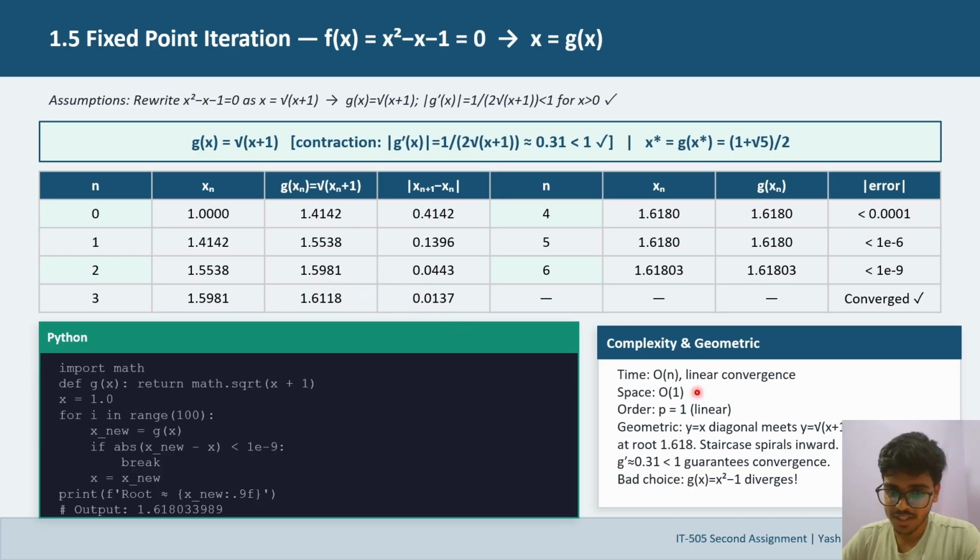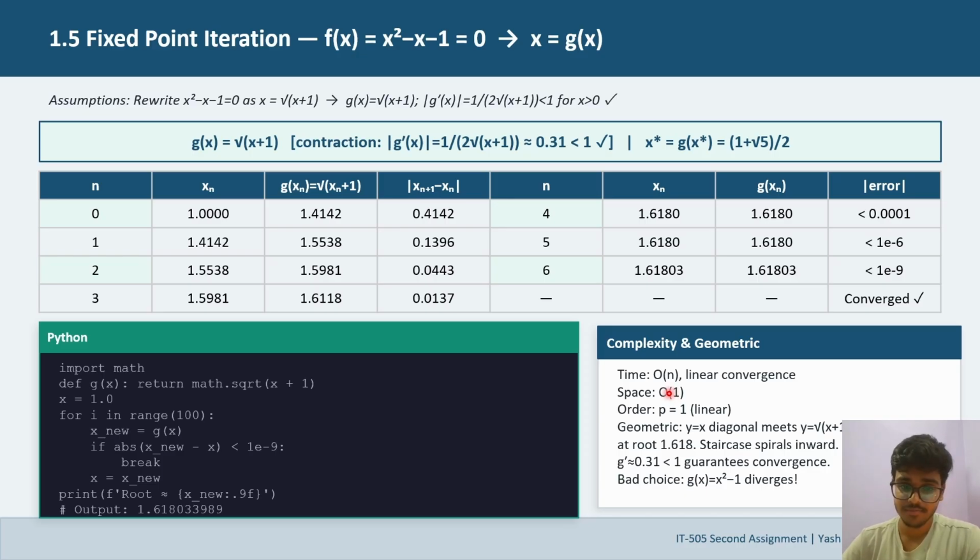The geometric picture: here we plot the diagonal y equals x and the curve y equals square root of x plus 1. Their intersection is the fixed point 1.618. Starting at 1 on the x-axis, we go up to the curve, then horizontally to the diagonal to read off the next x value. Then back up to the curve. This creates a staircase that spirals inward toward the intersection.